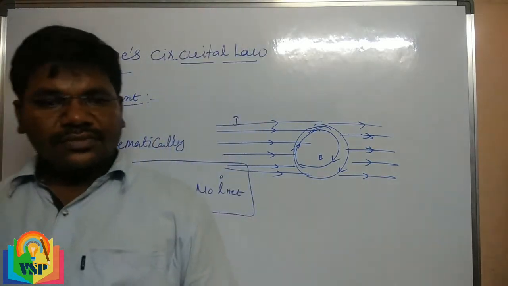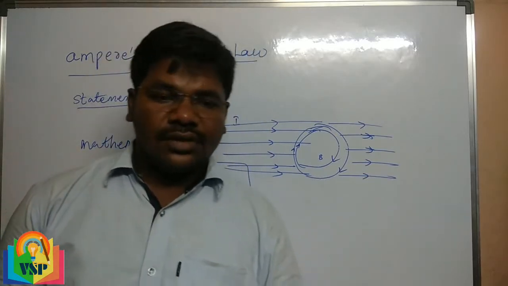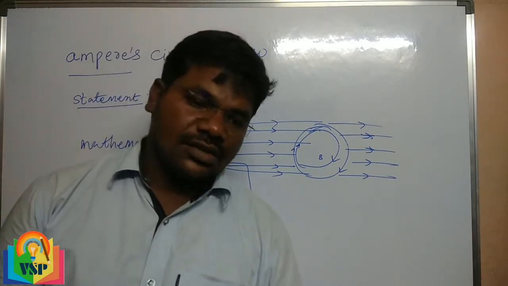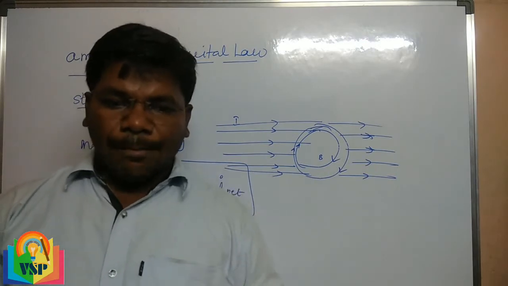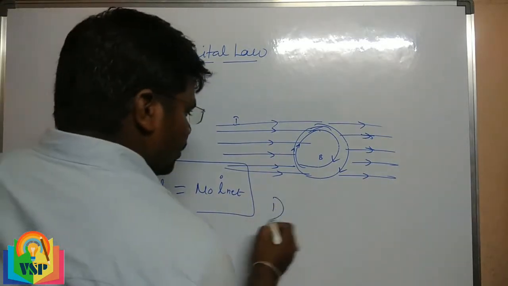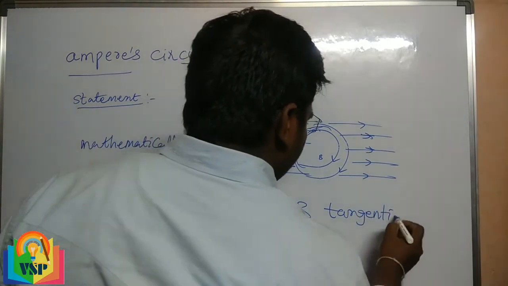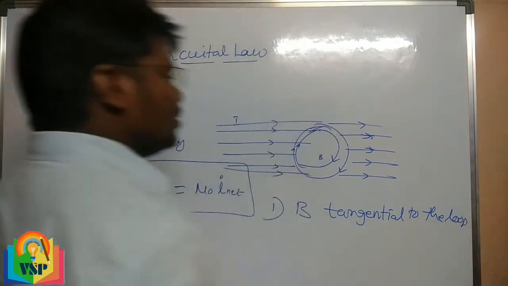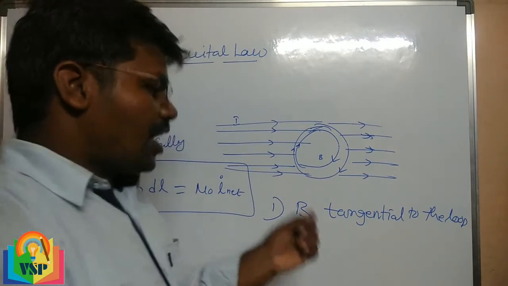Coming to the choice of an Amperean loop, it has to be such that at each point of the loop, either B is tangential to the loop, meaning B is along the loop at a point.